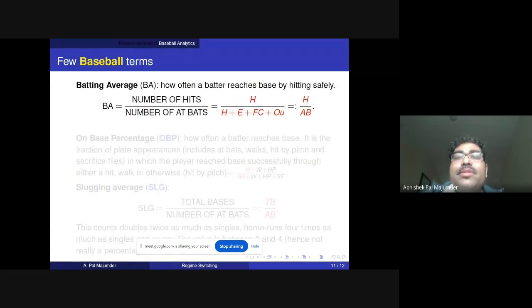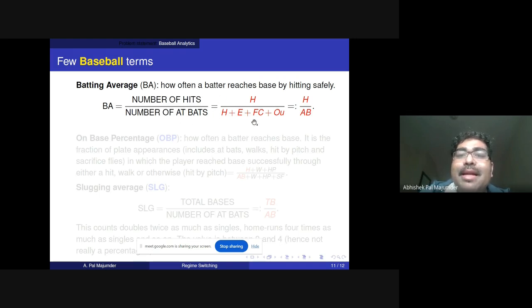Now let's see what previously used to happen. All the scouts used to go to the local baseball club, and they used to select players based on the batting average. The batting average is basically the number of hits divided by the number of at bats.